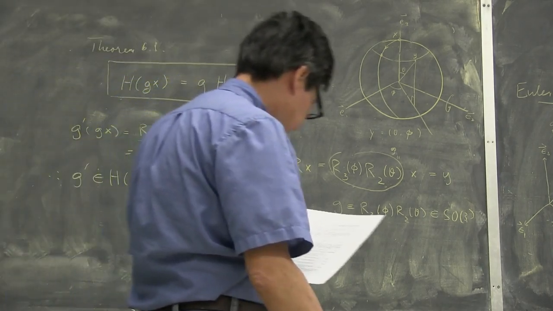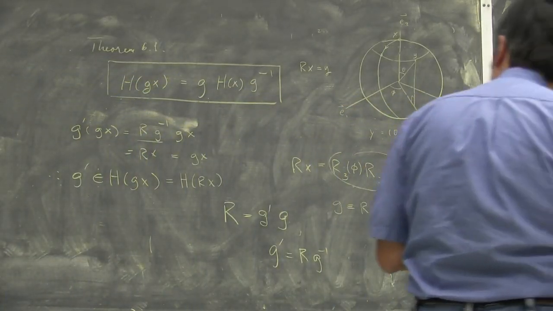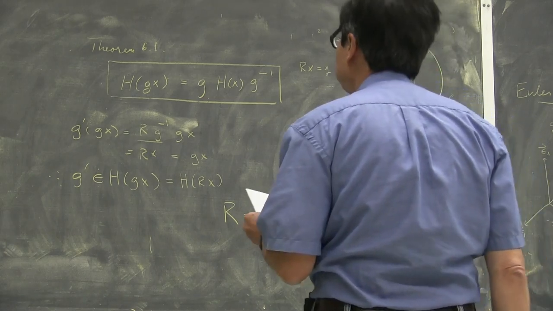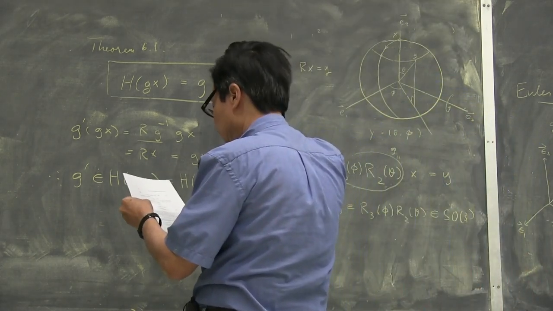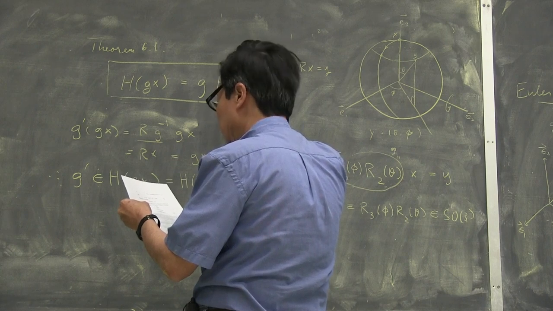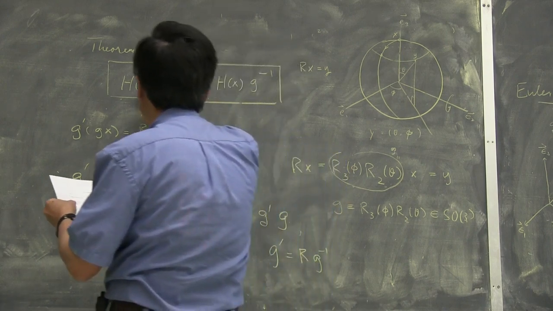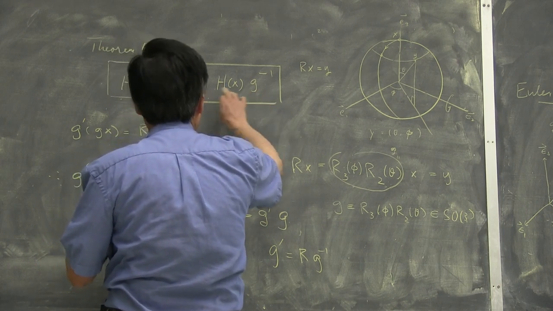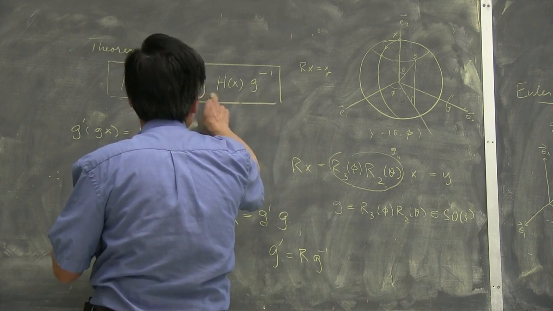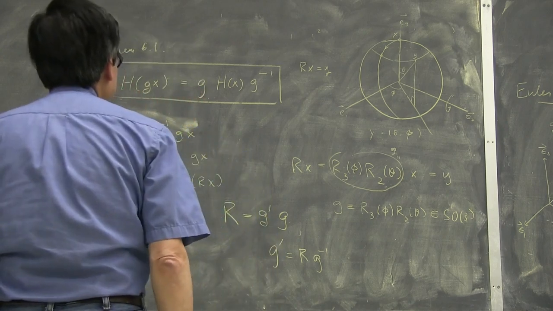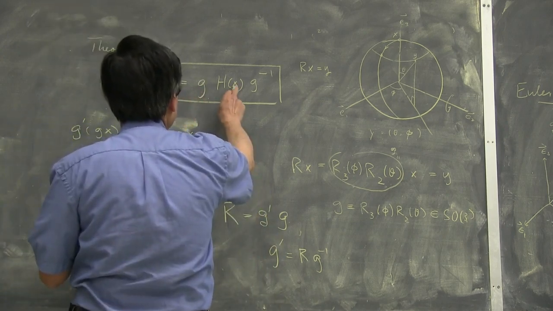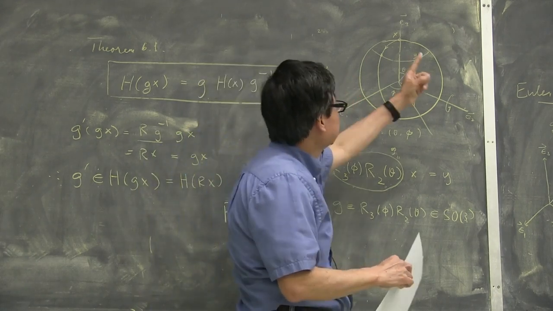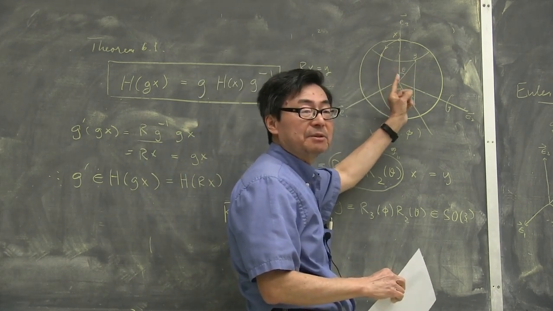Now, because of the theorem that we have just written, use this theorem in here, G prime lying in here must be expressible as G times something in the isotropy group of X. But since X is the north pole, the isotropy group must be the rotation about the third axis.